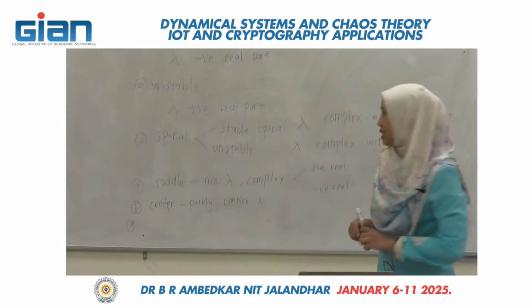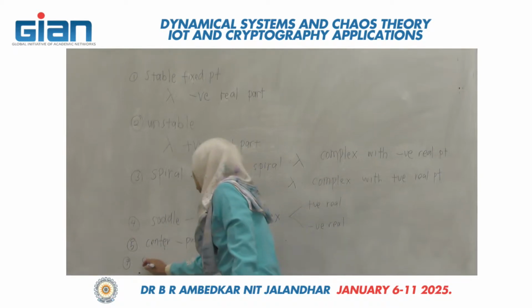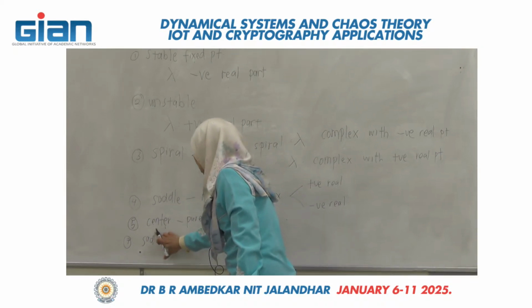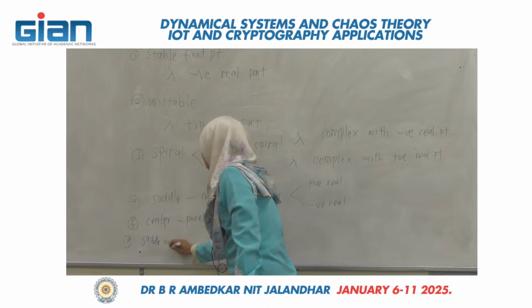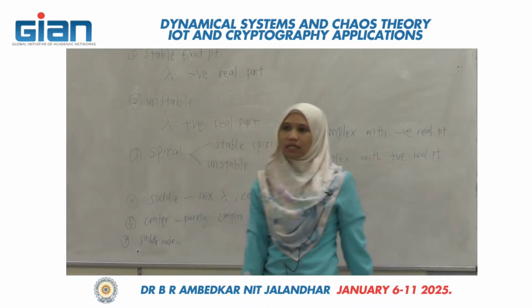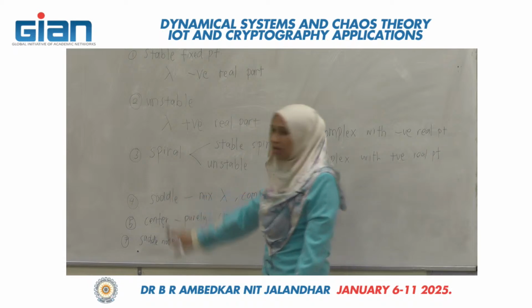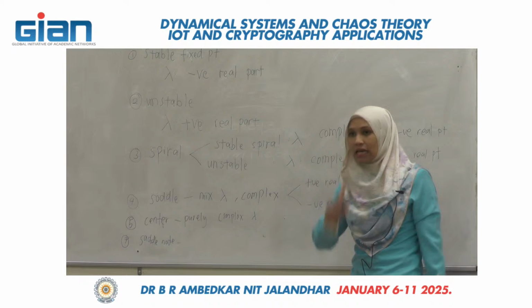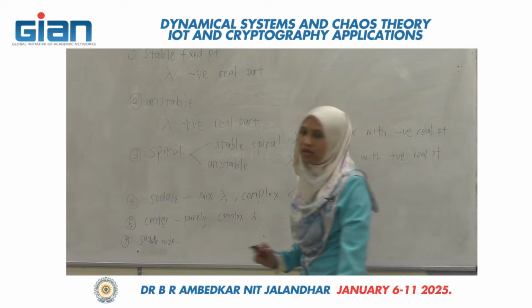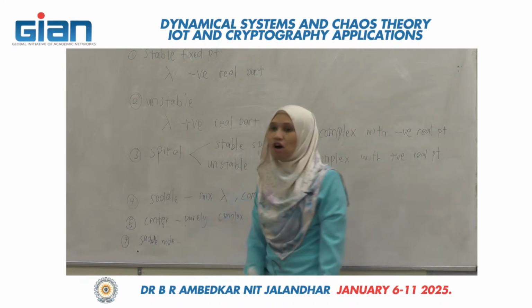And lastly we will have saddle node. Saddle node is also famous. Saddle node is like number 4, but it should consist of one eigenvalue that is 0. So that is the difference between 4 and 7.